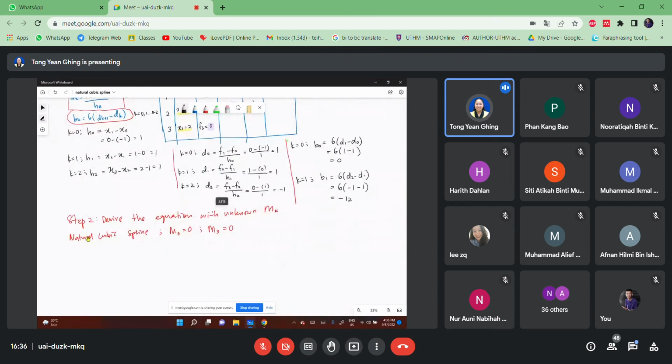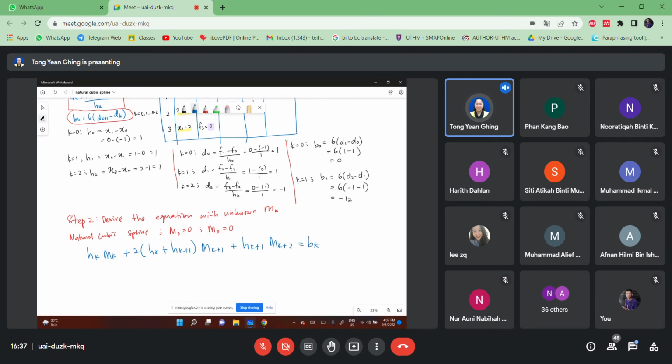So I write the formula here. I don't remember the formula, so I look at the book. HK, MK plus 2, HK plus HK plus 1, MK plus 1 plus HK plus 1, MK plus 2 equal to BK.